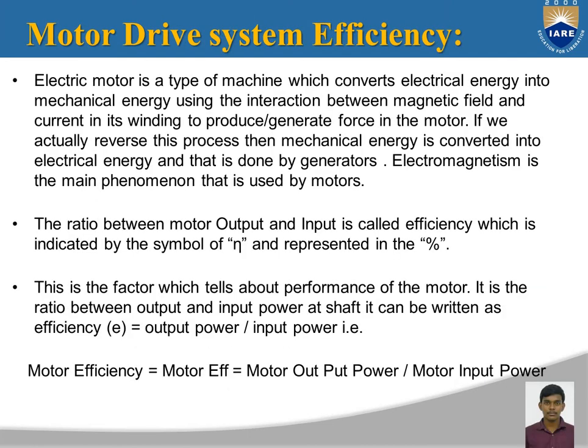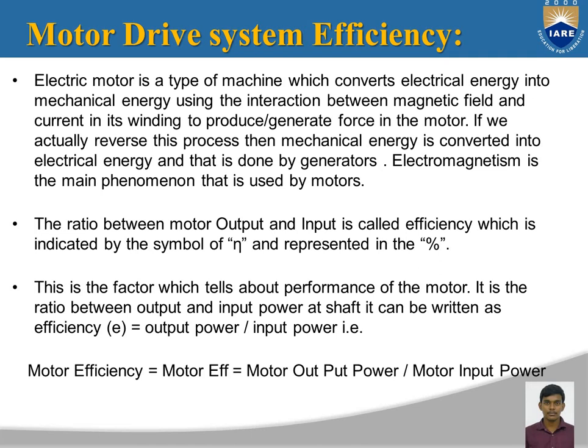And here comes our main theme: motor drive system efficiency. As I already mentioned, efficiency is a key part of every motor, because to do a particular job well, the motor should operate at its maximum capacity.